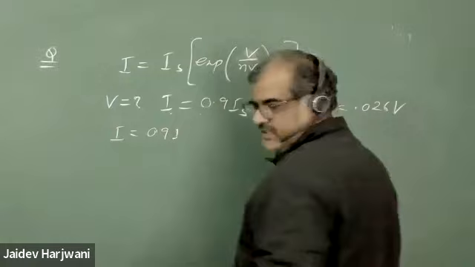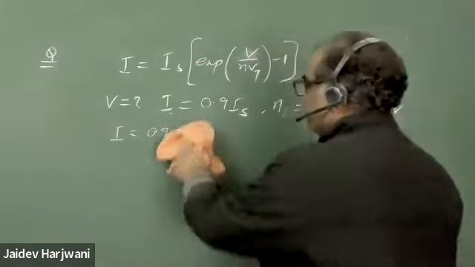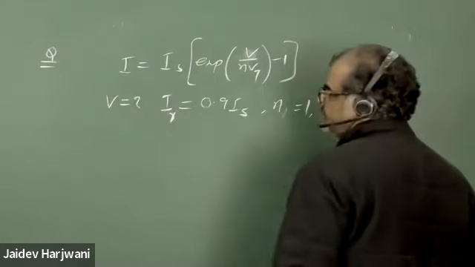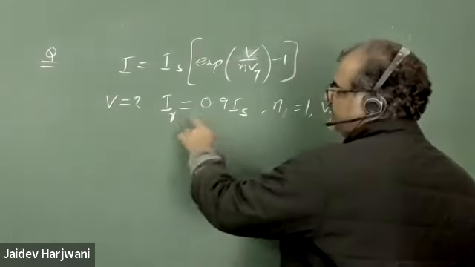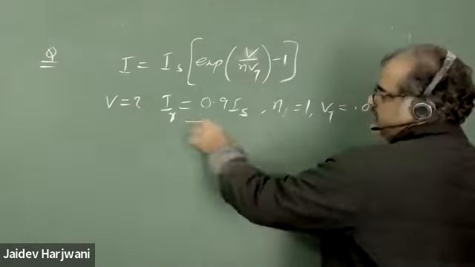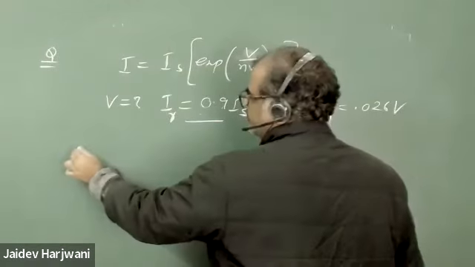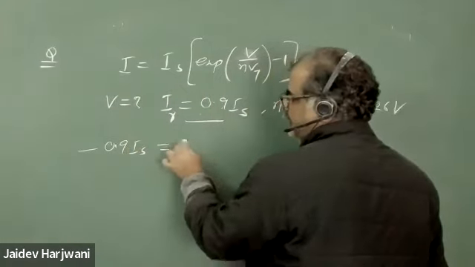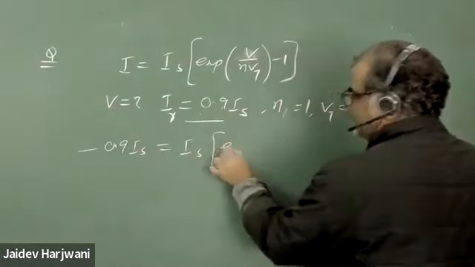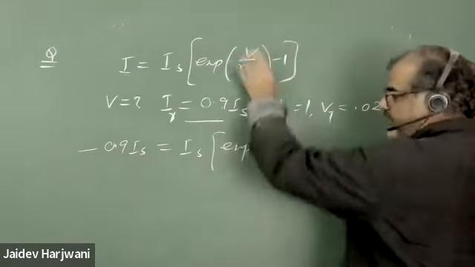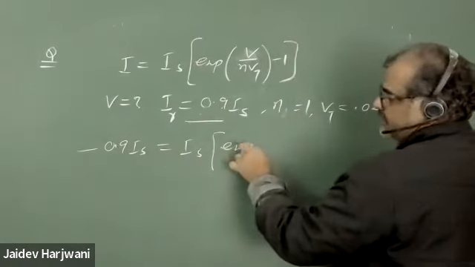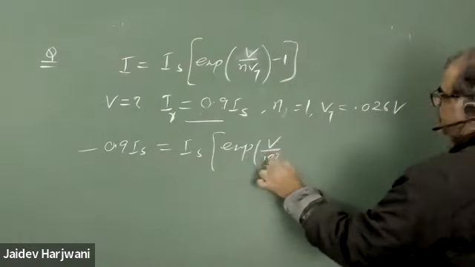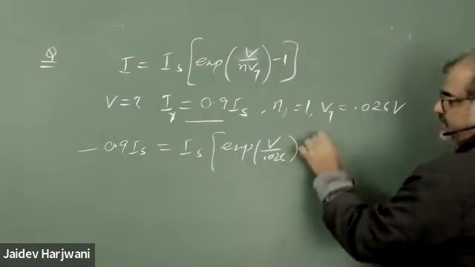So again current is given, 90% of this one, but this is a reverse current. So whenever they give a reverse current, you have to put it with minus. This becomes minus 0.9 IS, equals IS exponential, so this will automatically become negative. Don't put minus here. So you get V, eta is given the same, 0.026, minus 1.